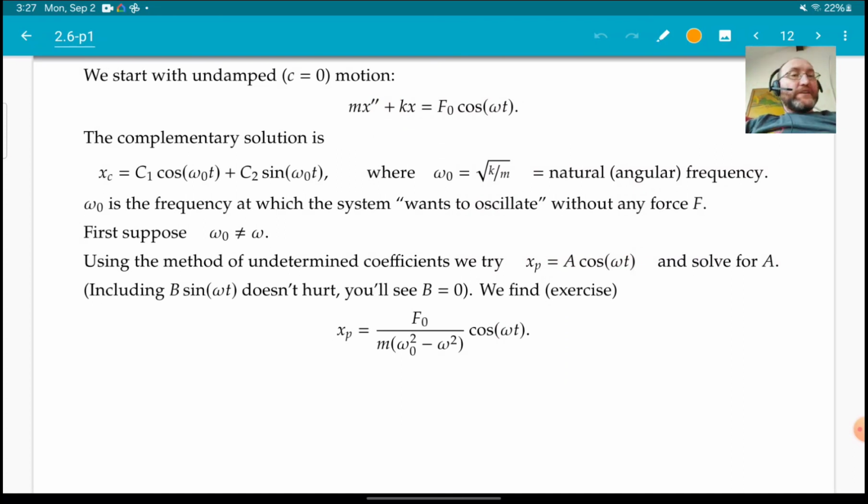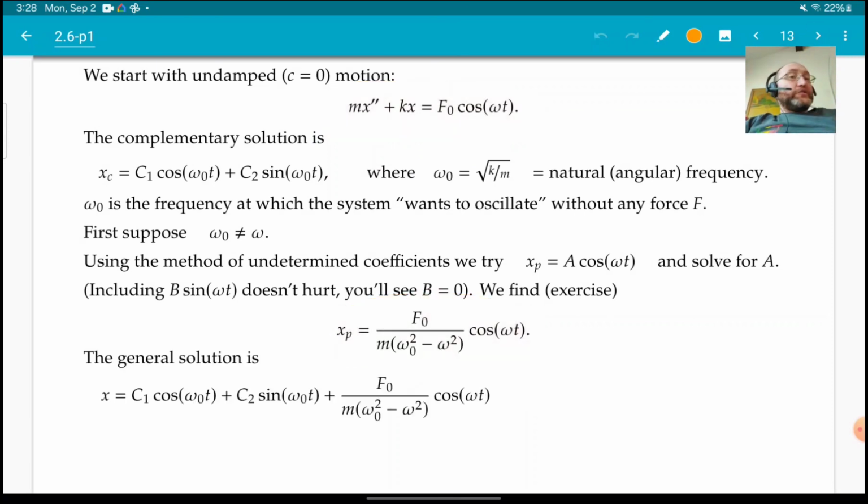So we find that A is determined by that constant over here. To be able to solve this equation, we have to make A be the amplitude of the force divided by m times omega naught squared minus omega squared.